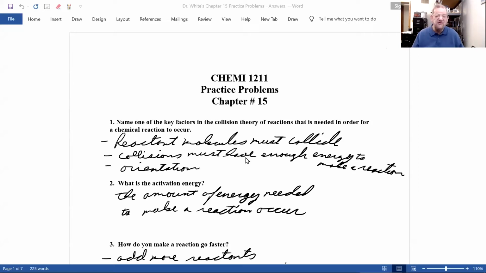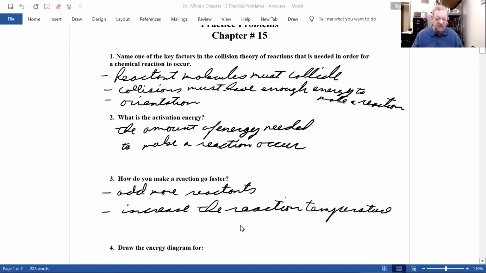And collisions must have enough energy to make a reaction. That's called the activation energy. And finally, for certain molecules, you have to have the proper orientation when they collide. Now, one of the things I do want to mention when you're looking at problems or questions, make sure you read them.